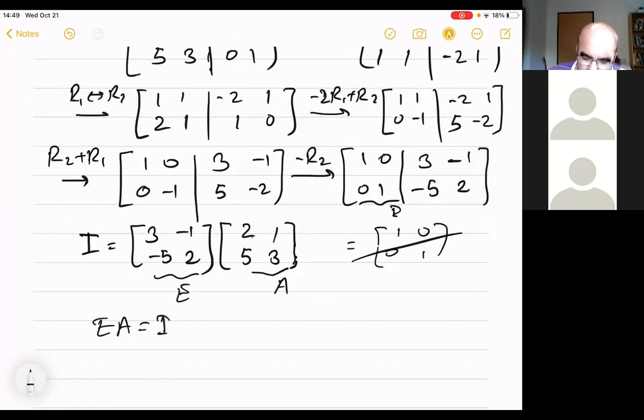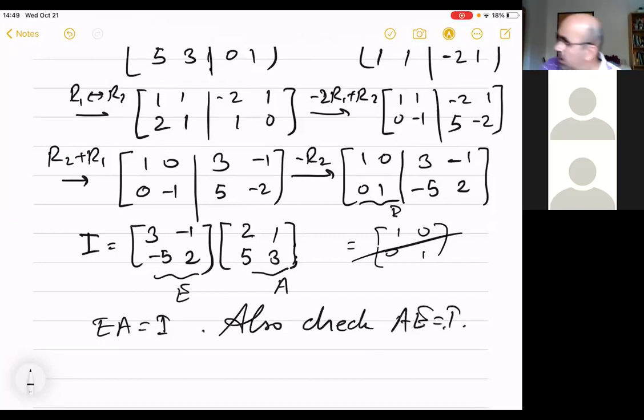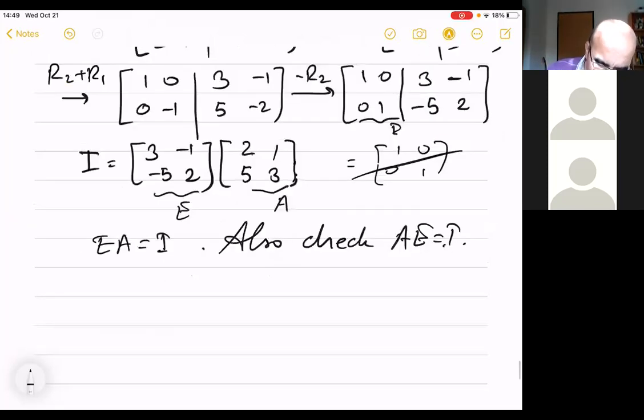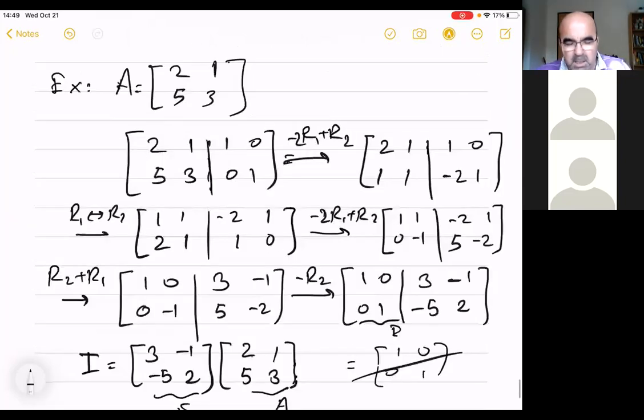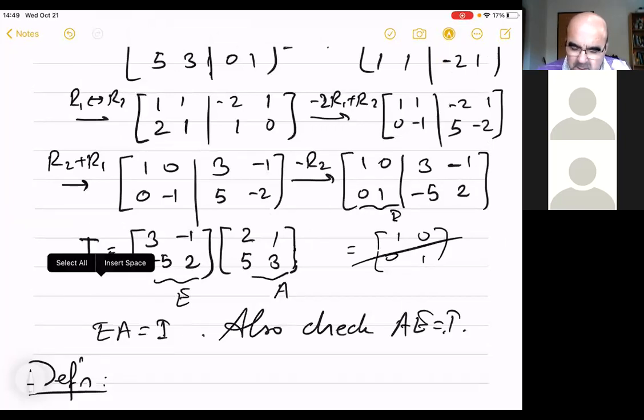A is a square matrix. You can also check that A times E is also the identity. This is very useful. In this example, we had the square matrix A, and by applying row operations, we get the identity matrix.